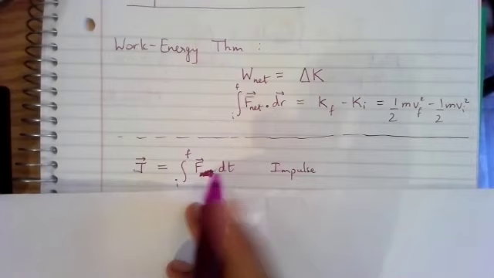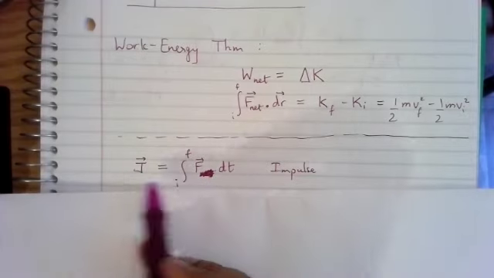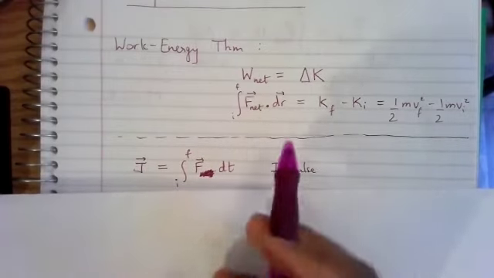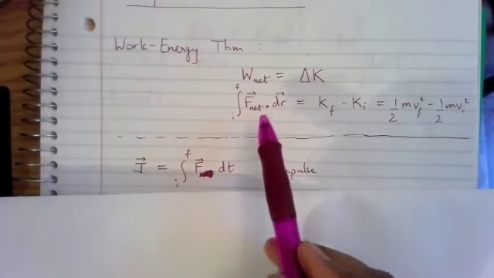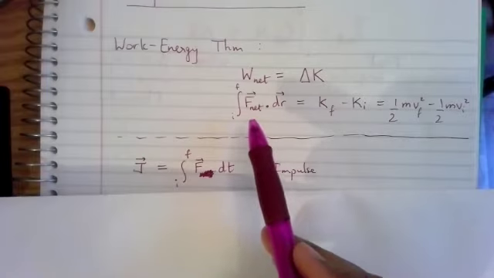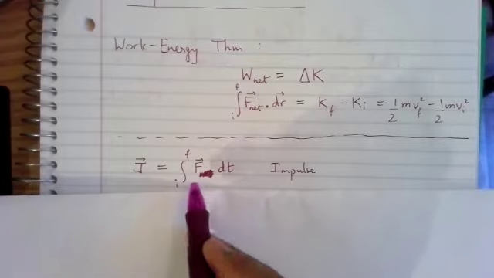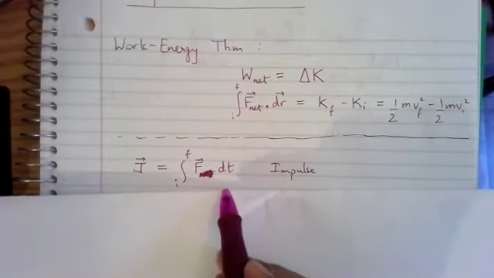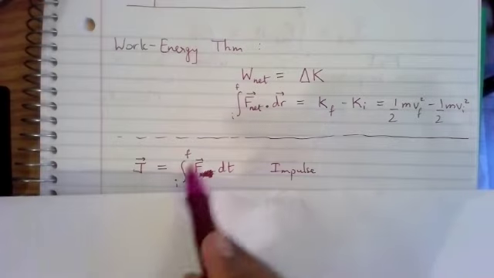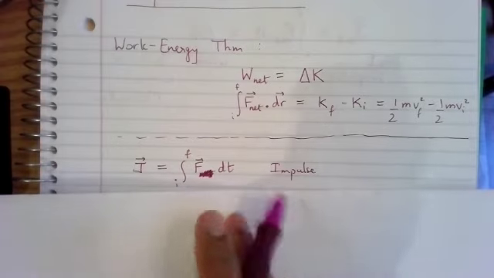Notice that unlike work, impulse is a vector. Work was a scalar because we had a dot product between the force and the displacement. Here we have simply F, the vector, multiplied by the scalar quantity dt. So the quantity overall is still a vector.